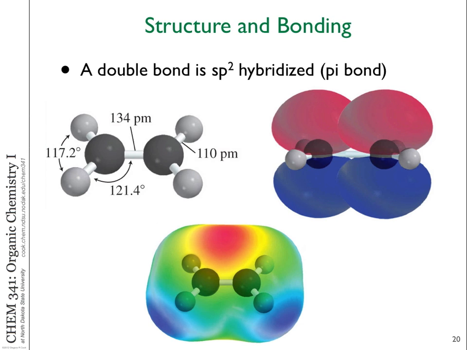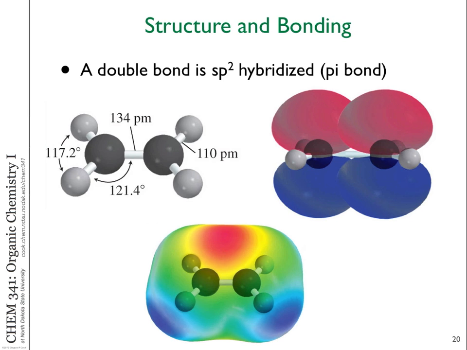Okay, one other aspect of the double bond structure, remember it's sp2 hybridized, and we have a pi bond, which is a bond which is a side-to-side overlap of p orbitals, both above and below the plane of the atoms that are in there. You'll notice the bond angle is about 120 degrees. We've talked about all the sp2 structure before.